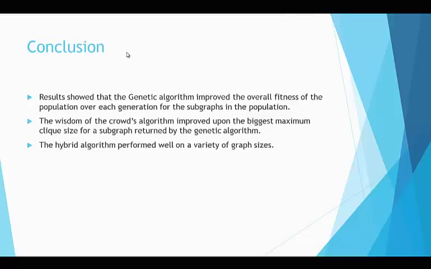So overall, the hybrid algorithm performed well on a variety of graph sizes. The running time increased as graph sizes got bigger, but it's still a very good approach for solving the maximum click problem. And thank you very much.